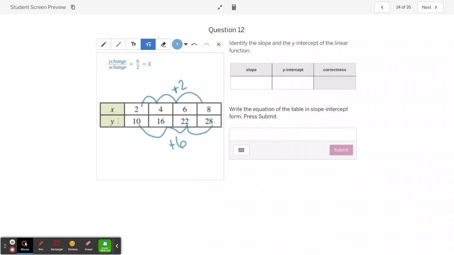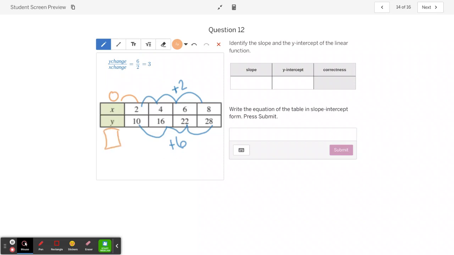There's our slope. Now, we need a 0. We need an x equals 0 in this table, but there isn't one. So we have to ask, where would it be? Well, 8 to 6, 6 to 4, 4 to 2. The next one would take me to 0. This is what I need.